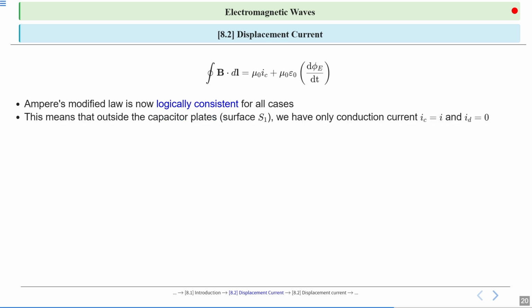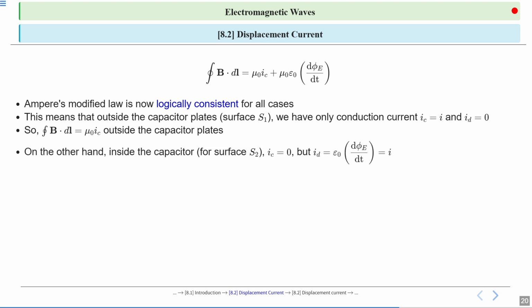This means that outside the capacitor plates, for surface S1, we have only conduction current IC equal to I and ID equal to 0. B dot dl will be equal to mu naught IC outside the capacitor plates. But inside the capacitor plates, for surface S2, IC is 0, conduction current is not there inside the plates of the capacitor, but ID exists due to the rate of change of electric flux with time.